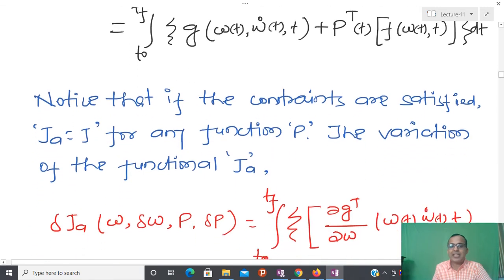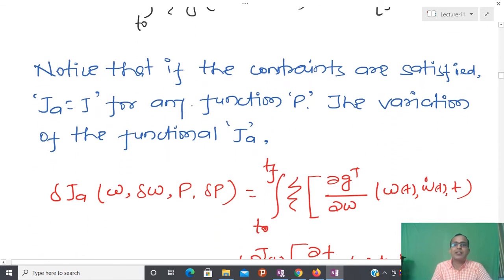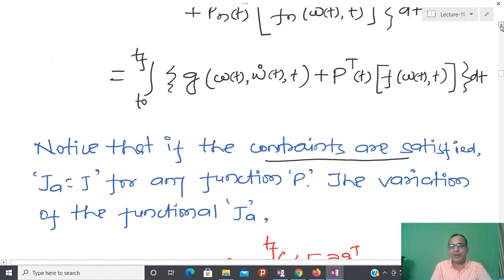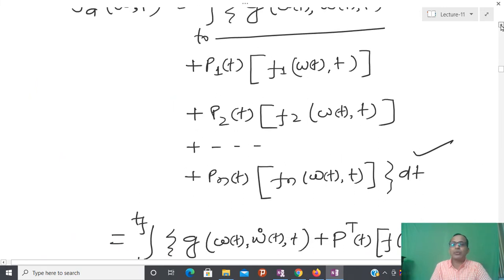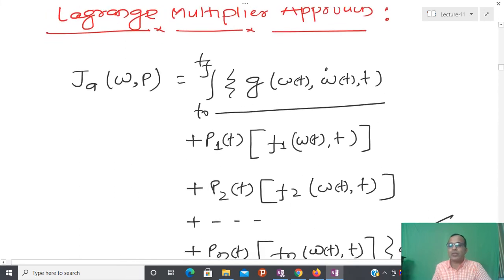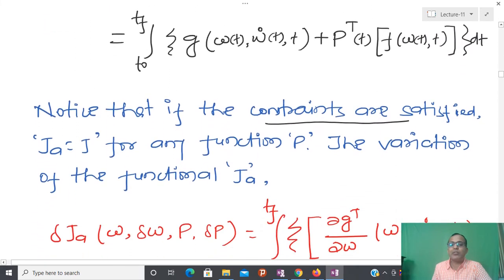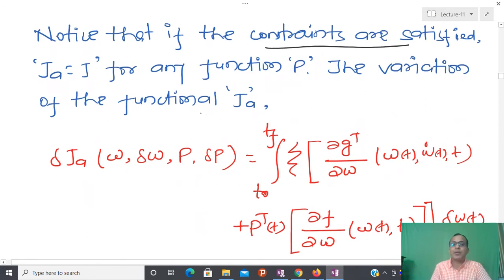Now if the constraints are satisfied, then each entry is 0, and due to that reason Ga equals the original G. So the augmented function is exactly equal to our original function for any function pt, because when the constraint is satisfied, the coefficient multiplied with pt equals 0.